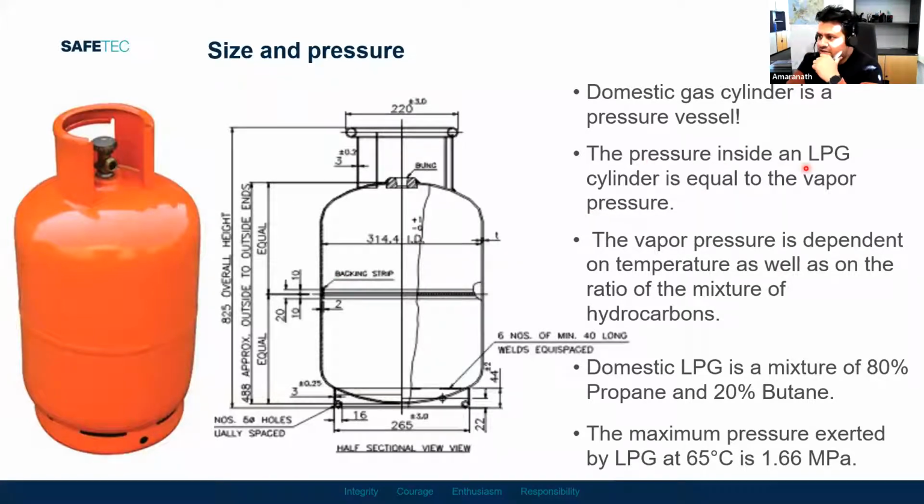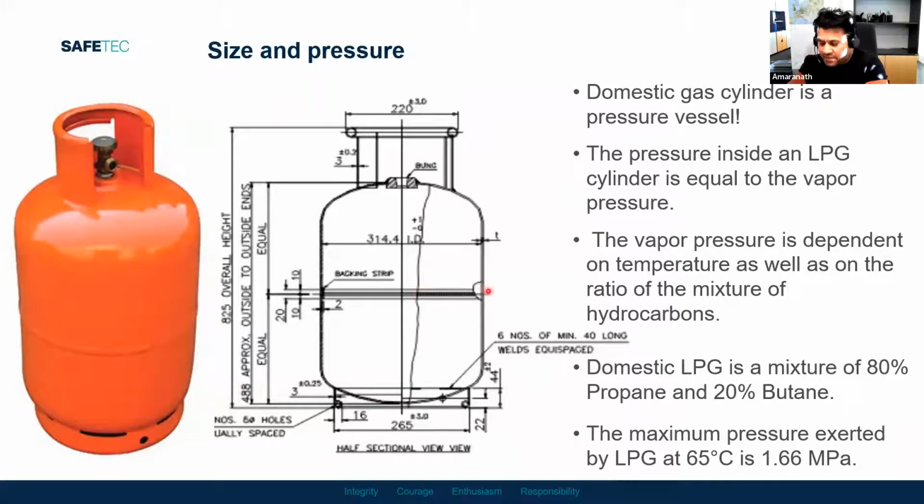The pressure inside the LPG cylinder is equal to the vapor pressure, because you have a mixture of propane and butane, and there are liquid and gas phases. There's an equilibrium between liquid and gas phases. The pressure inside the tank is the equilibrium pressure at that temperature.